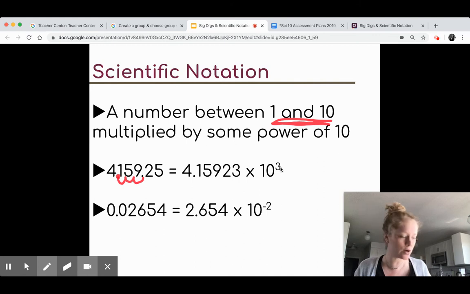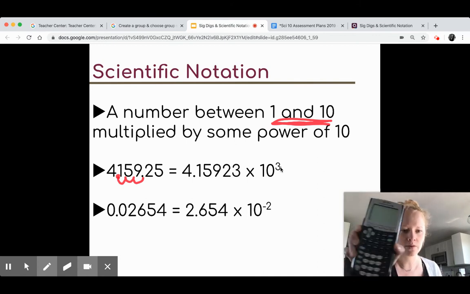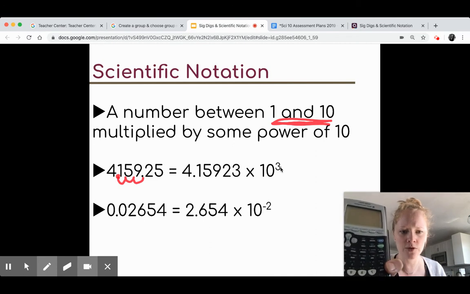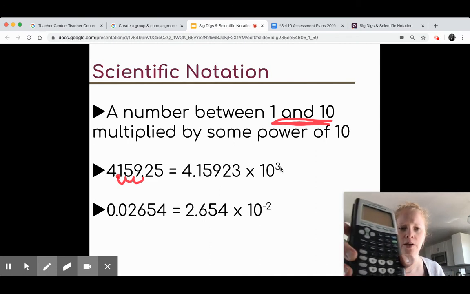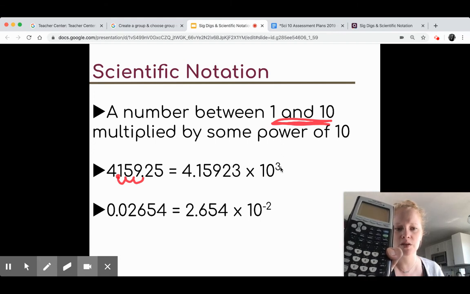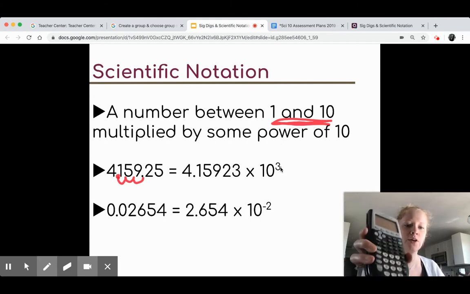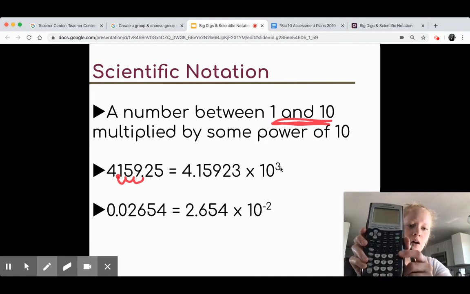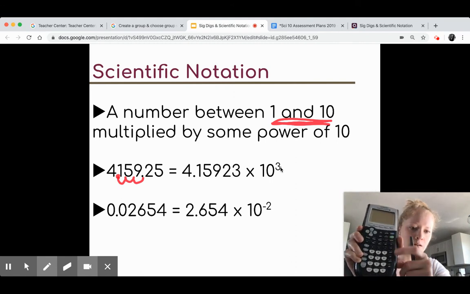Now, if you were wondering what that means for your calculator and how you can check it, take this little guy out, and if you look on your graphing calculator, you can do this a couple ways. Some of you are great with to the power of, but if you're looking just for the power of 10, it is actually above the log button, which means you're going to go second log.